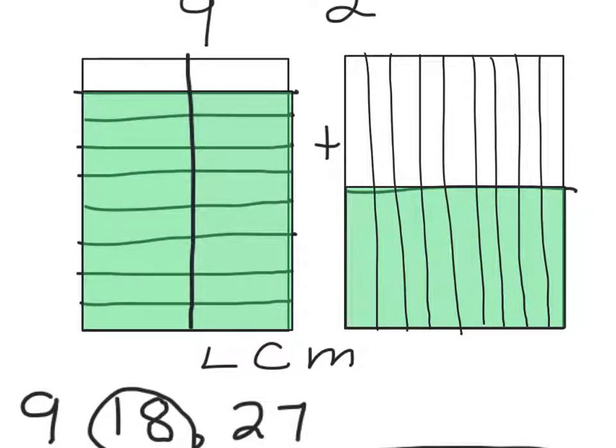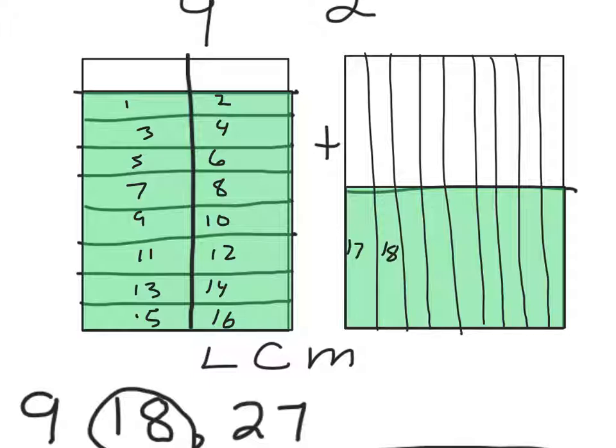So I've got 1, 2, 3, 4, 5, 6, 7, 8, 9, 10, 11, 12, 13, 14, 15, 16, 17, 18, 19, 20, 21, 22, 23, 24, and bam, 25.